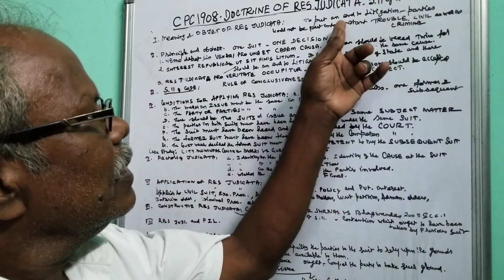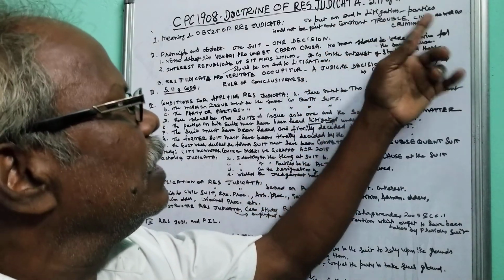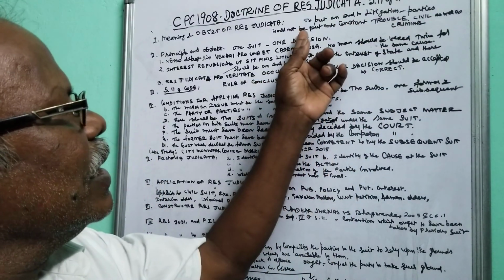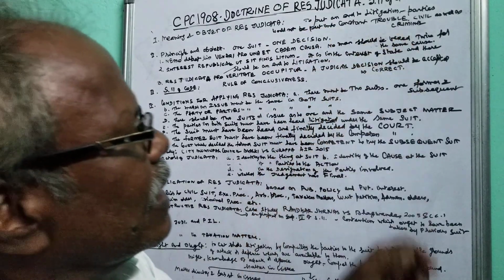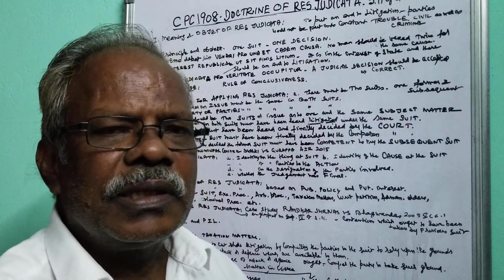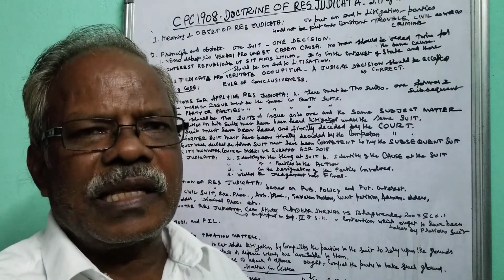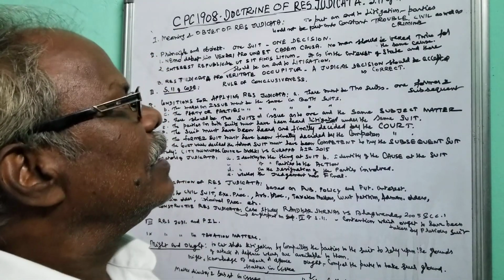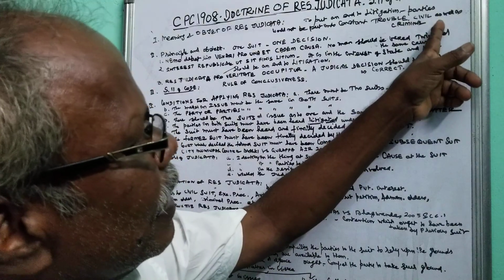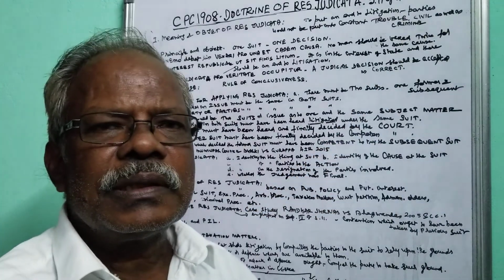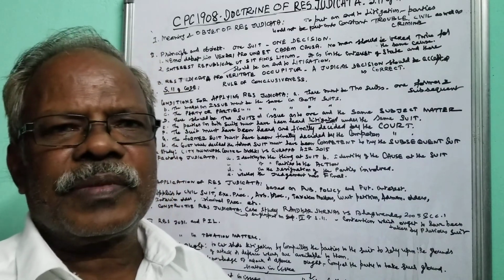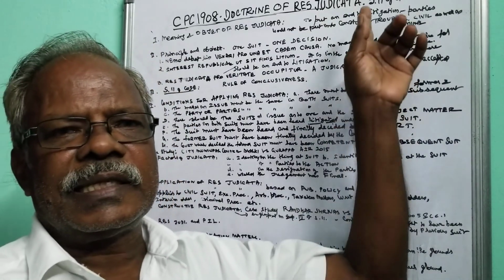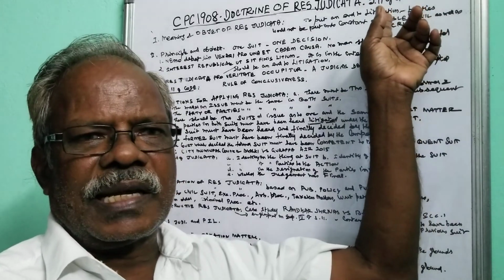That is to put an end to litigation. It would not put one party into constant trouble, and also it will not put the other party into trouble, and the court is also not put under strain. So this is the meaning of res judicata.